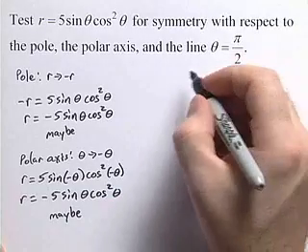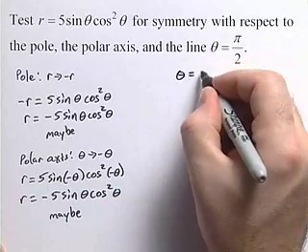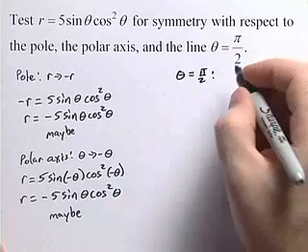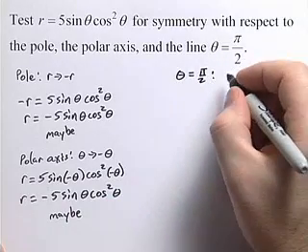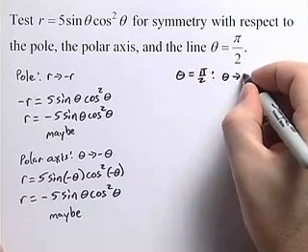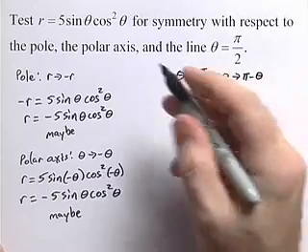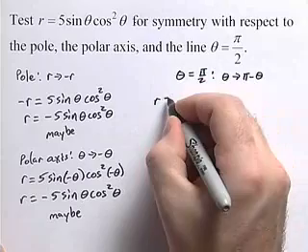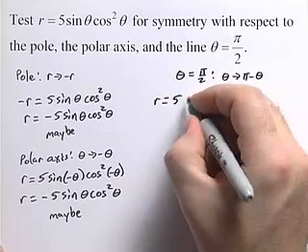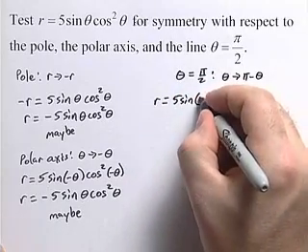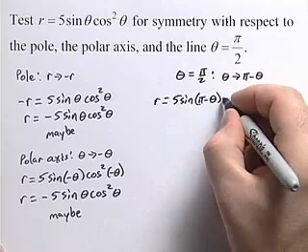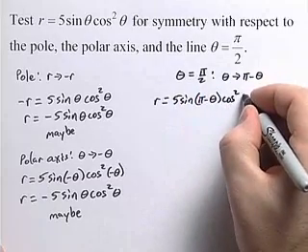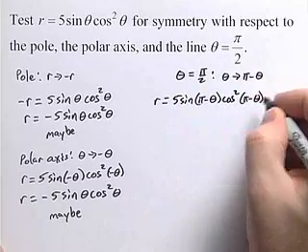Lastly, we're going to check for symmetry around the line theta equals pi over 2. To do that, we're going to replace theta by pi minus theta and see if we get the same equation back. Here we'll have r is equal to 5 times the sine of pi minus theta times cosine squared of pi minus theta.